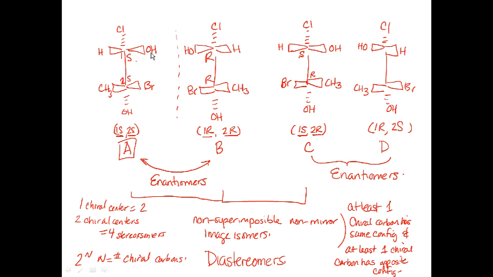So if you have the two S centers of this molecule, its enantiomer would have two R stereocenters. So that was a second type of stereochemical relationship that we had, from enantiomers to diastereomers, where at least one chiral center has the same configuration and at least one chiral center has opposite configuration.